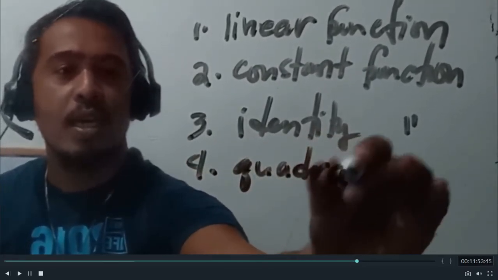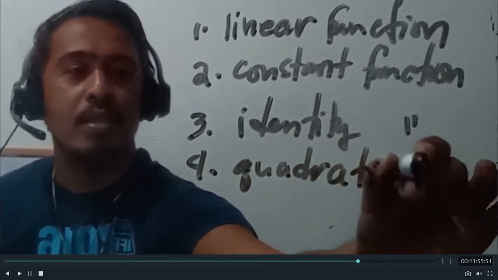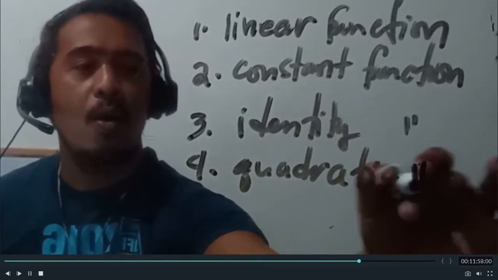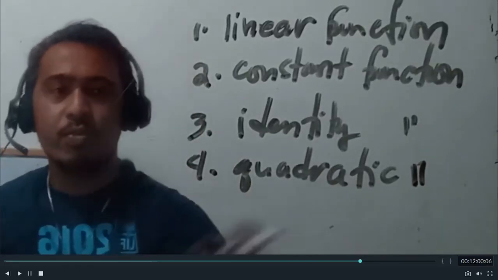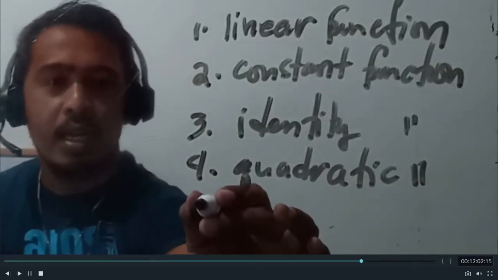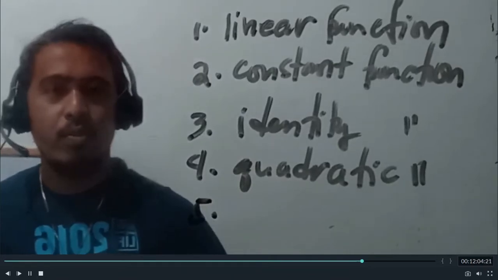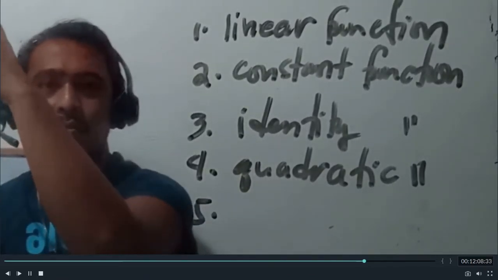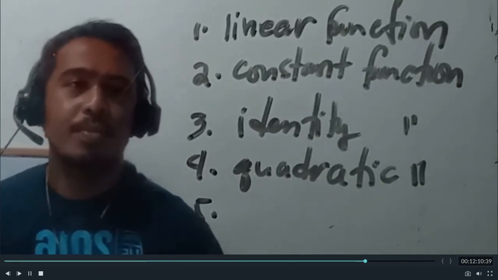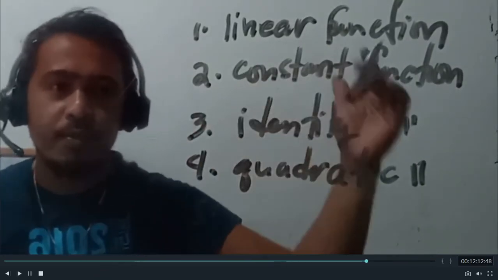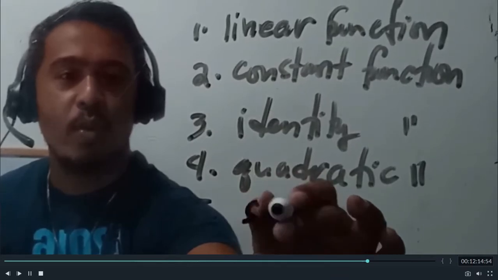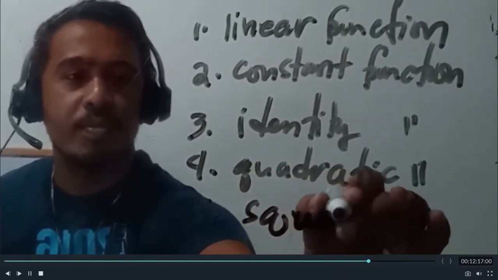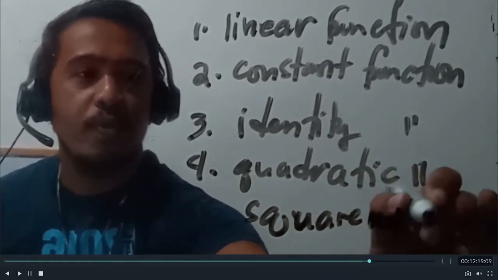The fourth one is the quadratic function. If you see a parabola opening up or down, it is a quadratic function. And if you see half of the parabola, either only the up or only the down part, it is the square root function.